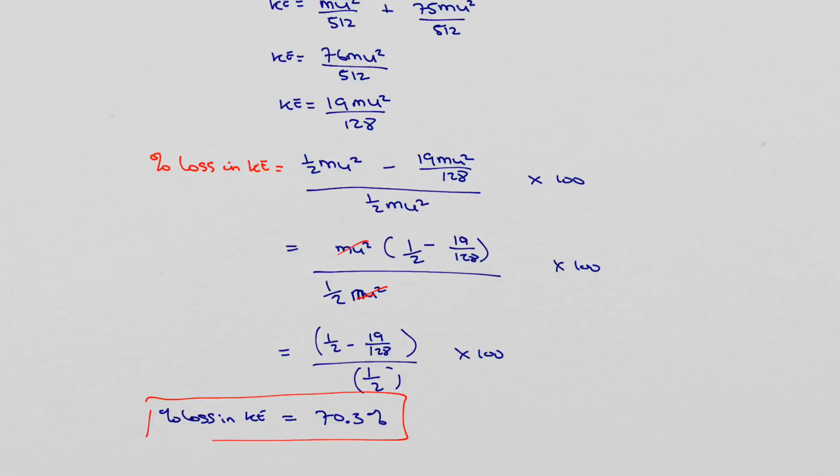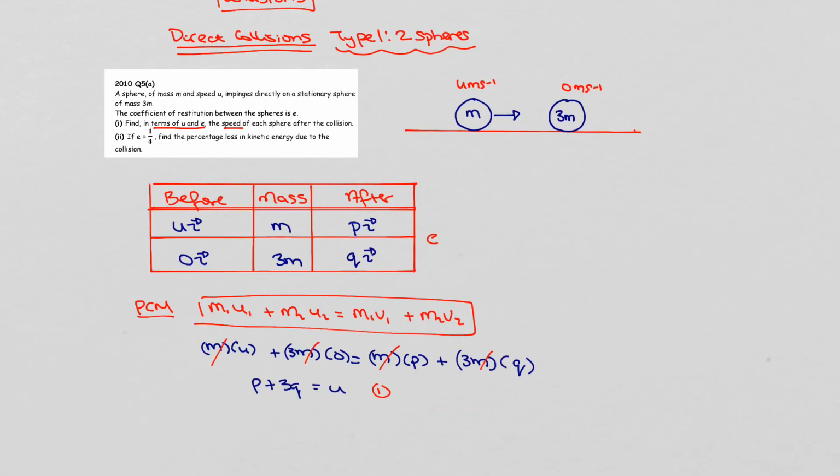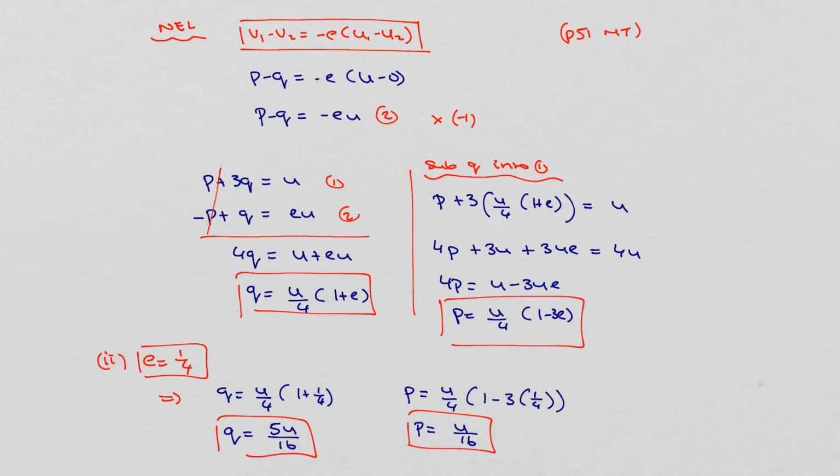So in other words, my percentage loss in kinetic energy is 70.3%. All right, so in terms of mark breakdown, we had 25 marks for the total question. I just put that at the start, that's 25 marks. And we had 5 for setting up each of our equations, so 5 for the first, 5 for the second, and then 5 for getting our P and our Q, the two together.